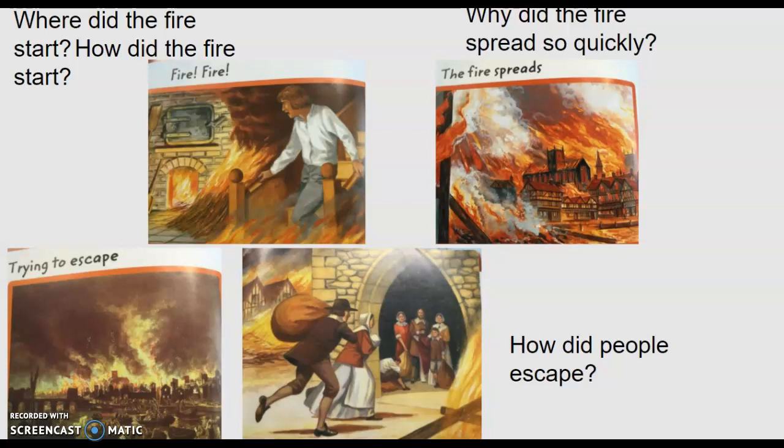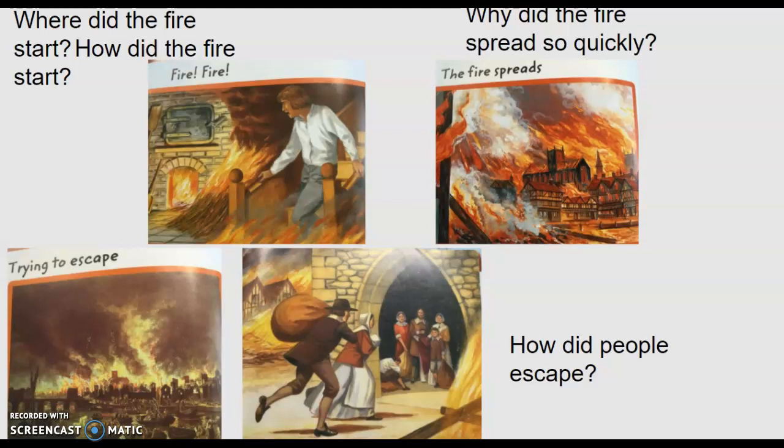Now we know that the Great Fire of London spread so quickly because, first of all, there was very strong wind, and that's what helped to spread the fire from house to house or building to building. And also, do you remember what the houses were made out of during the time of the Great Fire of London? They were made out of wood. So we know that wood burns easily, so the fire spread very quickly.